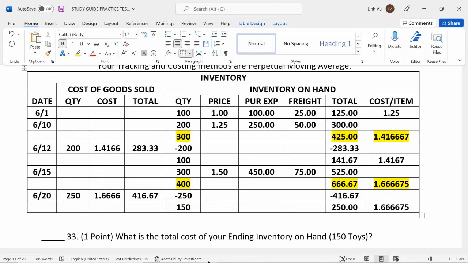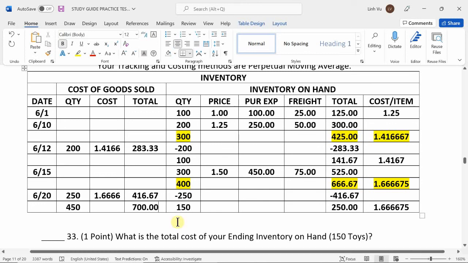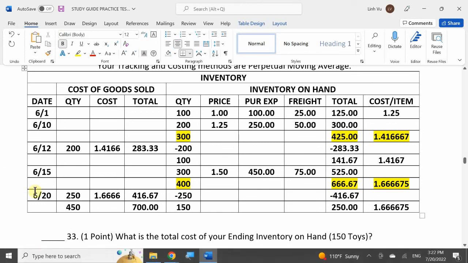What about my cost of goods sold? Let me see. We sold 450 units at a grand total of 700, right? Yes. All right, awesome. Okay.